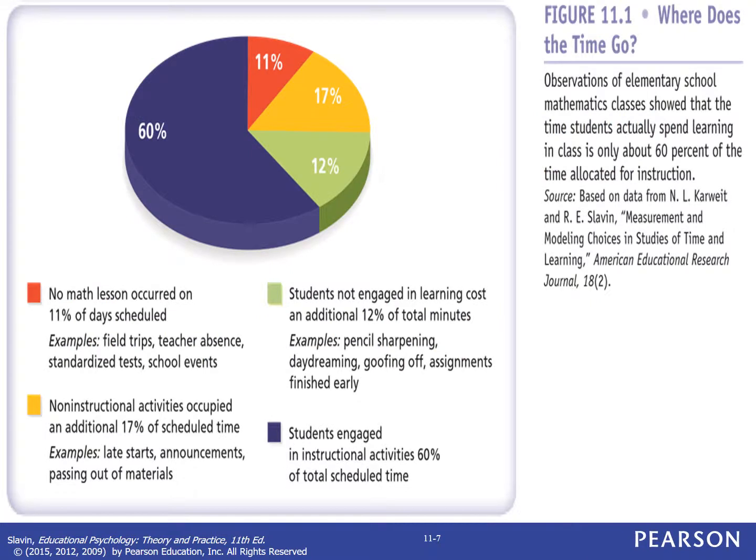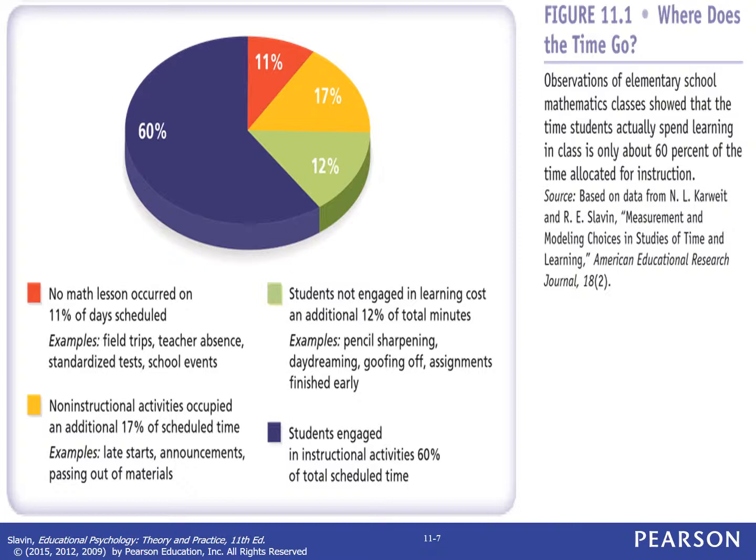So this is an interesting chart from the textbook. It shows that out of the school day, the average student gets about 60% of the total scheduled time actually spent learning on instruction. Other things interfere, such as non-instructional activities, announcements, passing materials, standardized tests, school events, and distractions where the students are distracted.